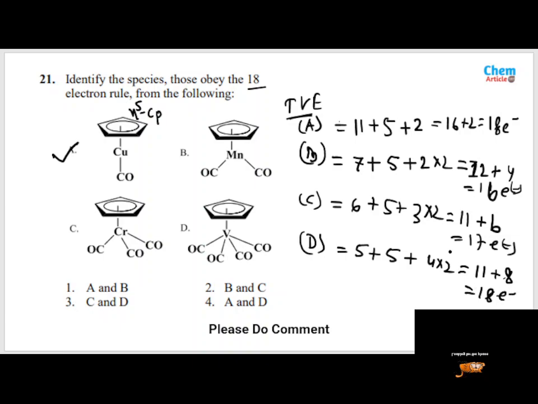So we see that A and D follow the 18 electron rule, and B and C do not. So the option with A and B is incorrect, A and D is correct. Okay, so now next question.